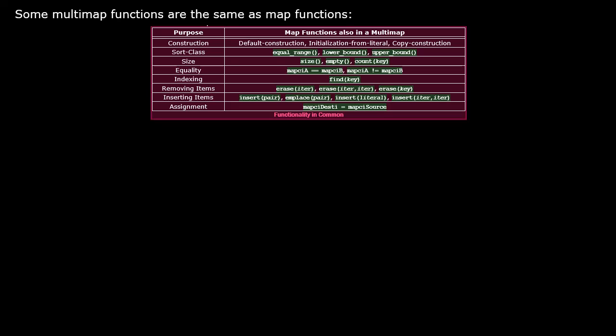Instead of passing a pair object, you could also pass a multimap literal or a range of iterators from some source collection. All of a multimap's data could be assigned from one multimap variable to some other multimap variable.